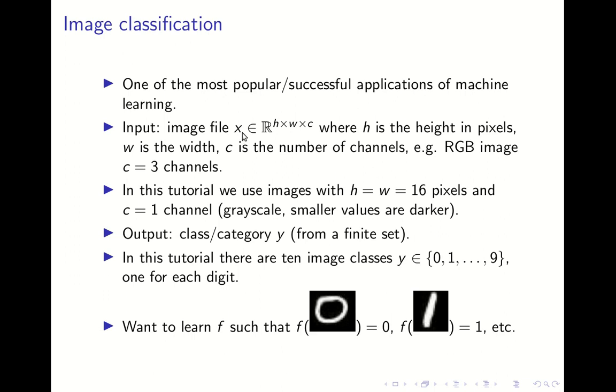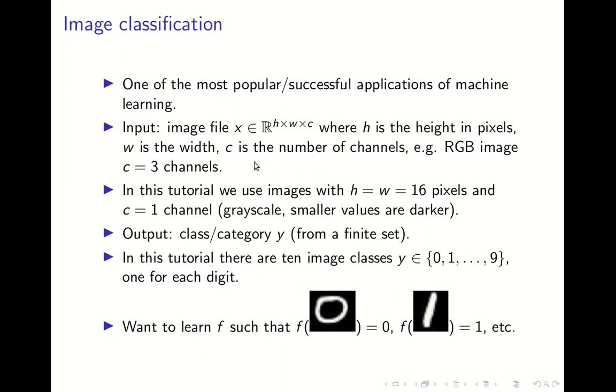which is represented as an array of real numbers with one dimension corresponding to the height in pixels of the image, another dimension corresponding to the width in pixels of the image, and another dimension corresponding to the number of channels. So, for example, in an RGB image, red, green, and blue channels, that means there's 3 channels.